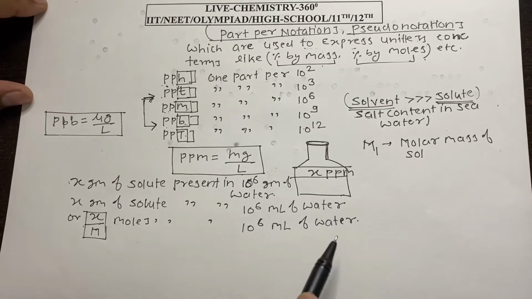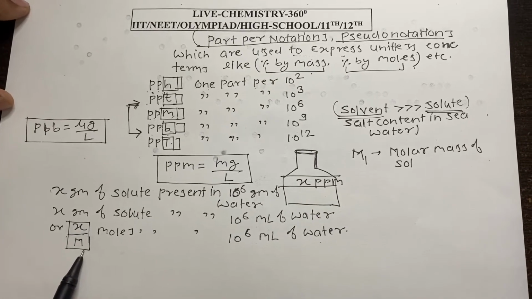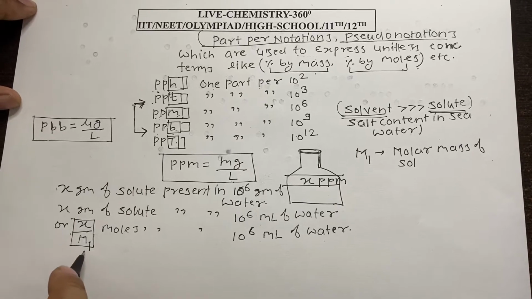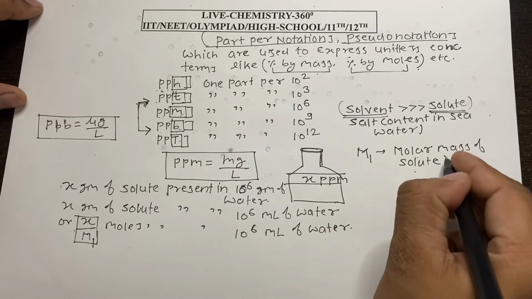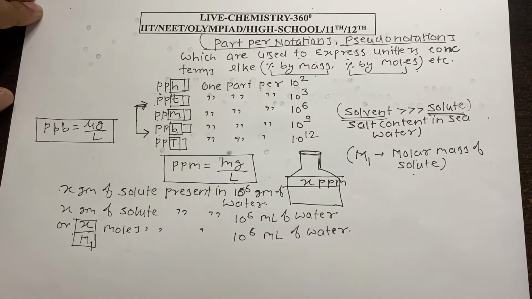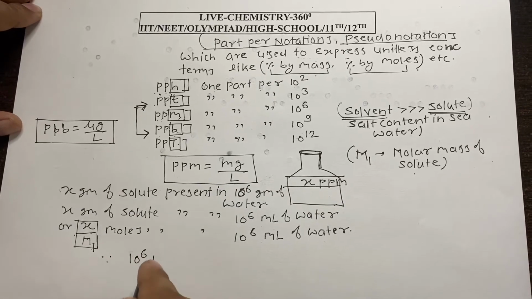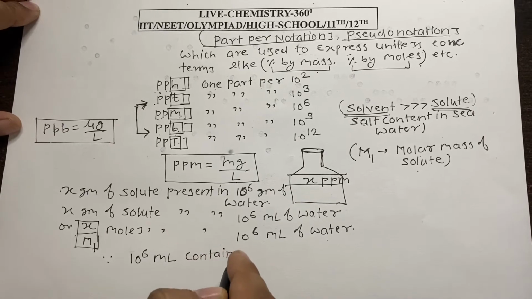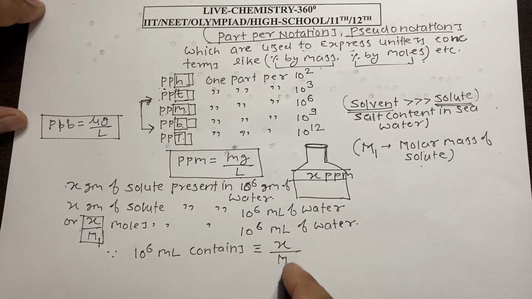Since 10 to the power 6 ml of water contains x by m1 moles of solute, where m1 is the molar mass of solute, we can find the molarity of the solution.